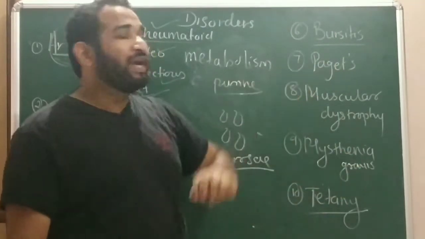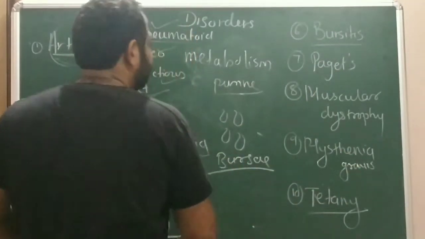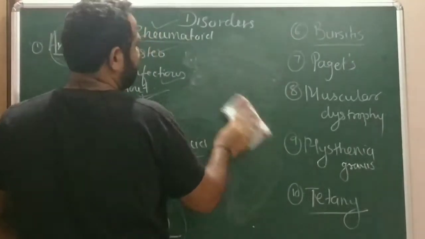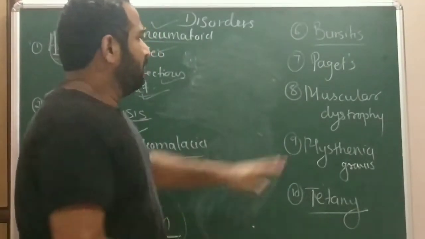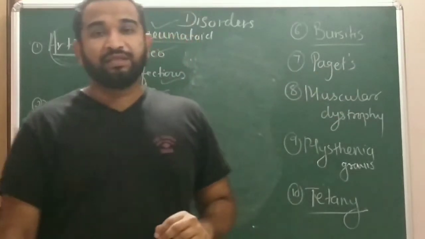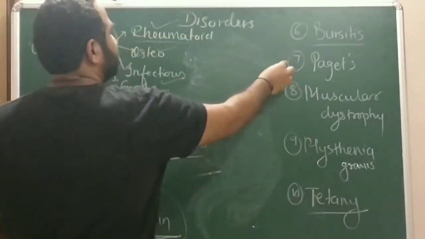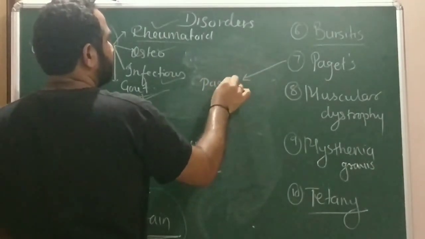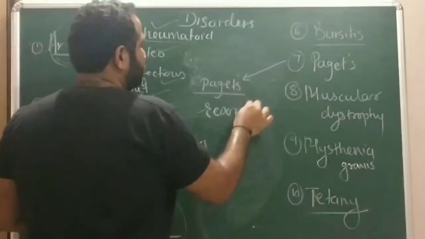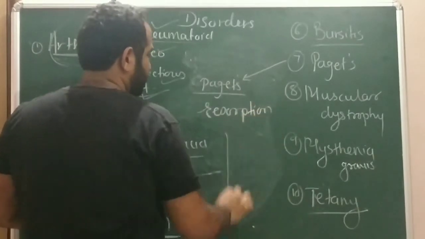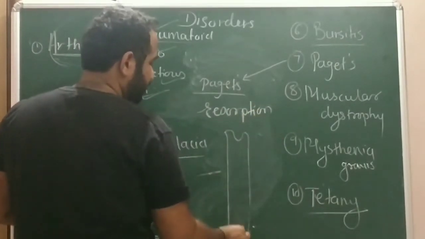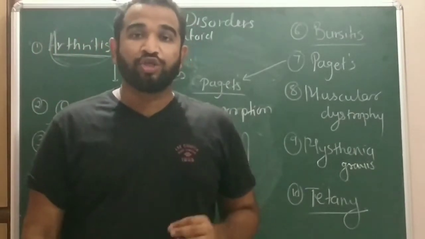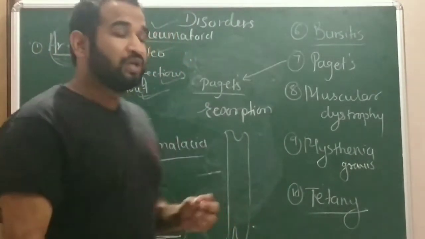Next one is Paget's disease. What happens in Paget's disease? If this is a bone, there are some cells in the body which are called osteoclasts.